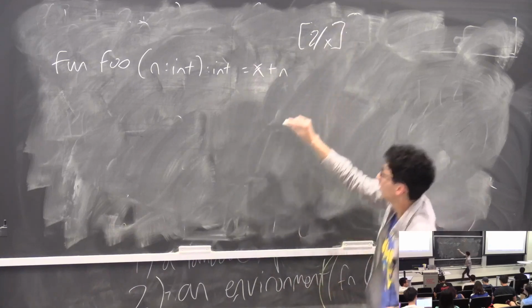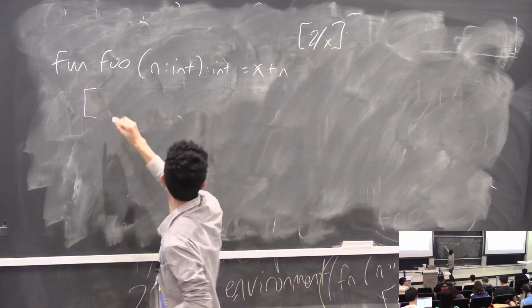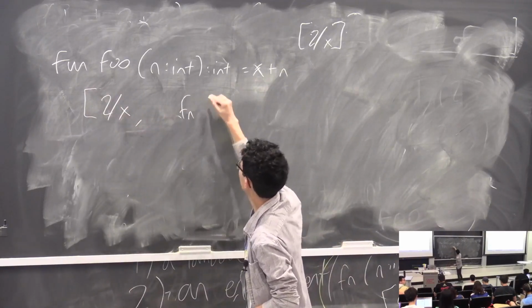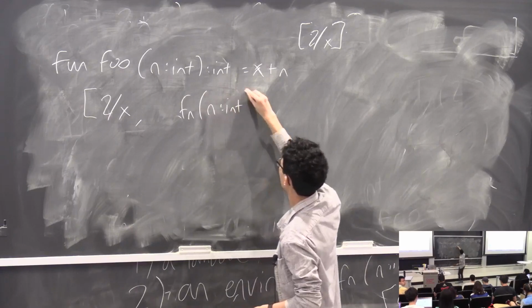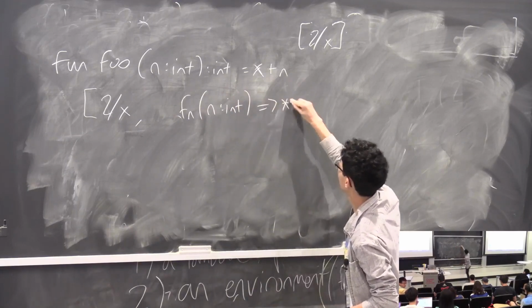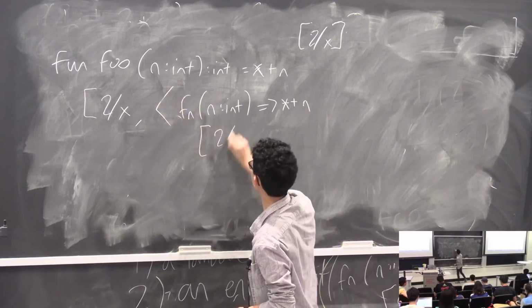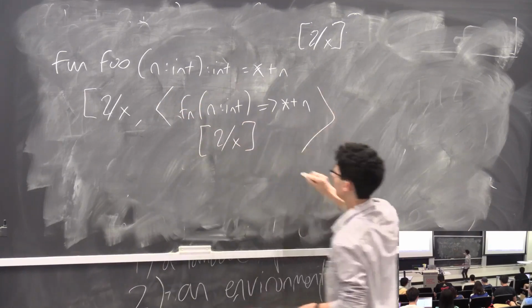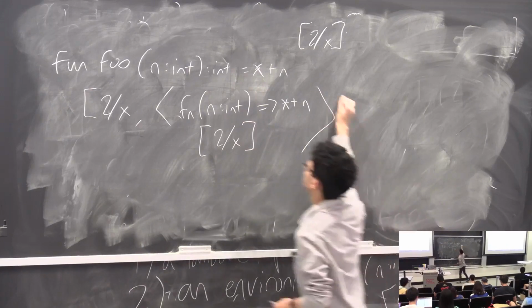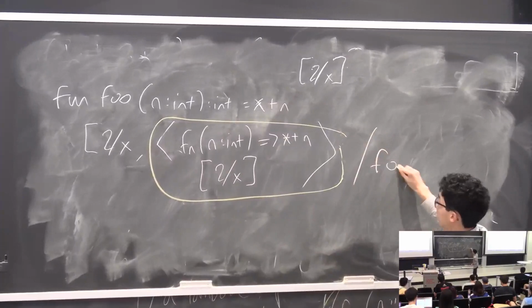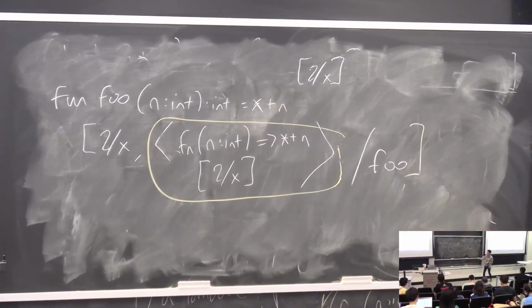So my environment after this step is going to be 2 for x, and then fn n colon int goes to x plus n, along with the environment 2 slash x. This whole thing is what I bind to foo. So it's two things: I have 2 bound to x, and I have this big yellow monstrosity bound to foo.